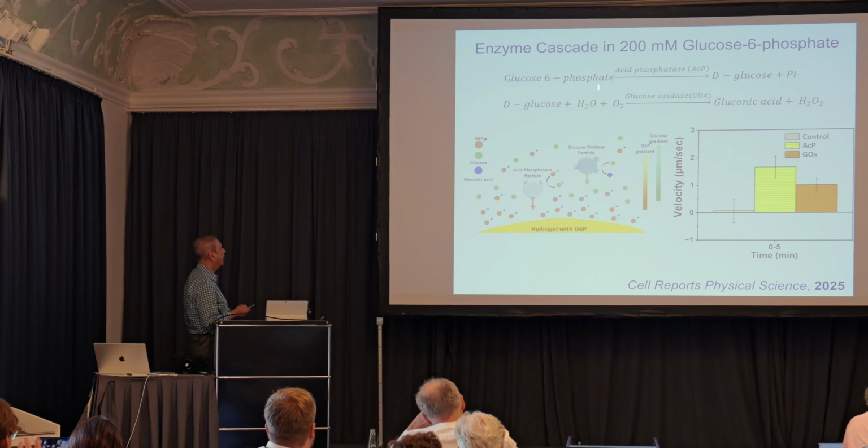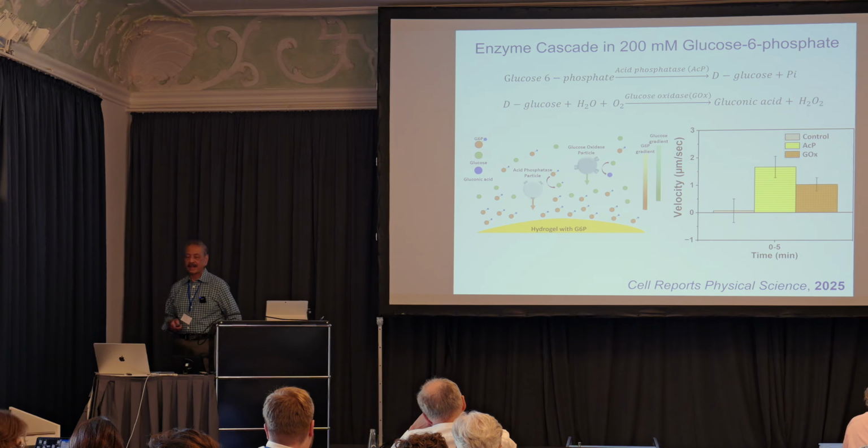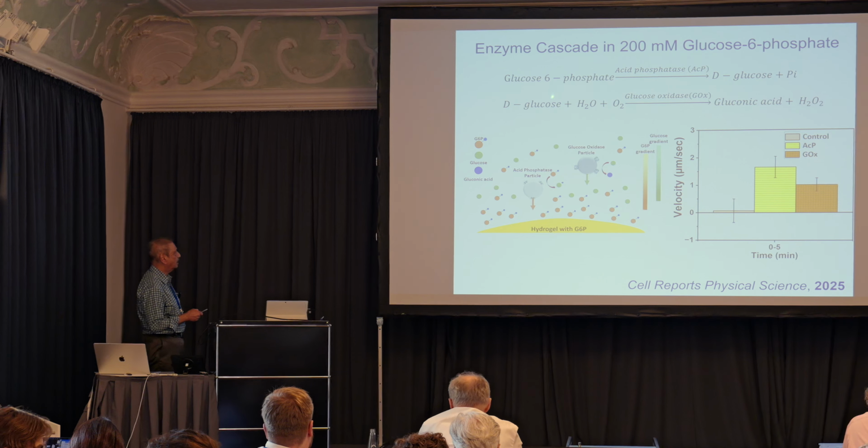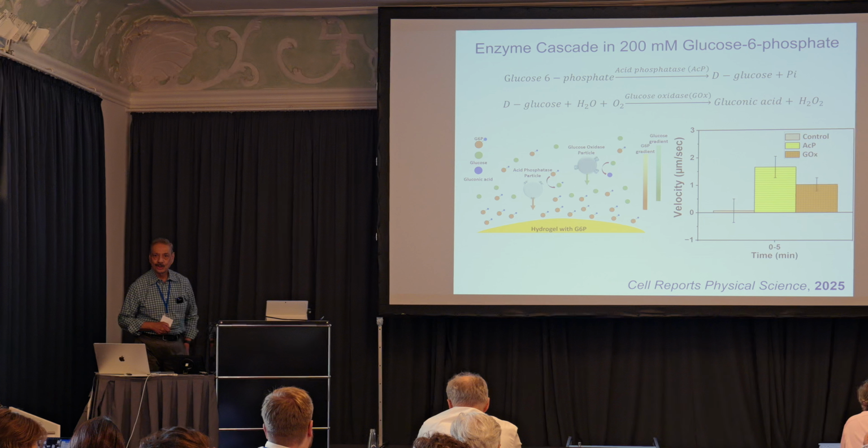We have two kinds of particles. The first particle has acid phosphatase on it, and the second particle has glucose oxidase on it. So what do you expect? You introduce glucose 6-phosphate, which is the substrate for the first particle, and so it will chemotax towards the source.